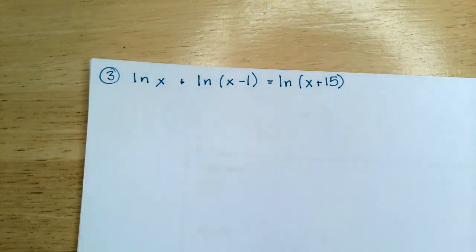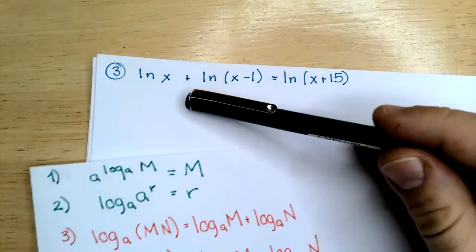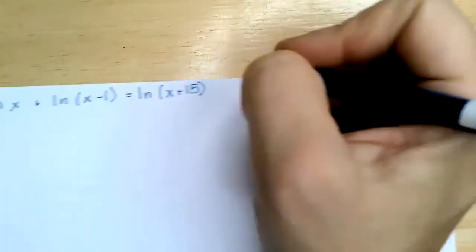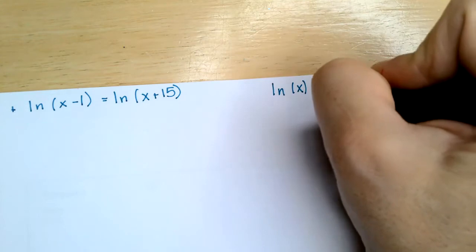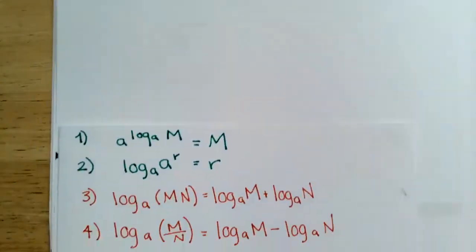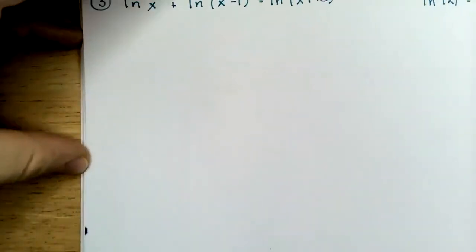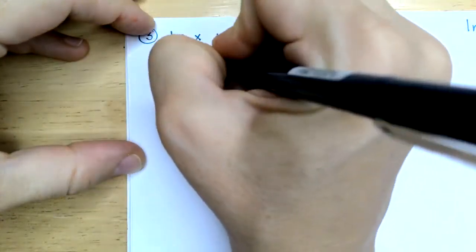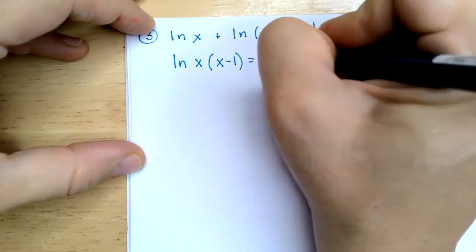I know if I look at my rules here, they are being added, but they have to have the same base. Does this have the same base? Yes, because the natural log of x is the same as log base e of x. So they both have the log base e. So I can multiply these two together. It will now look like the natural log of x times x minus 1 equals the natural log of x plus 15.